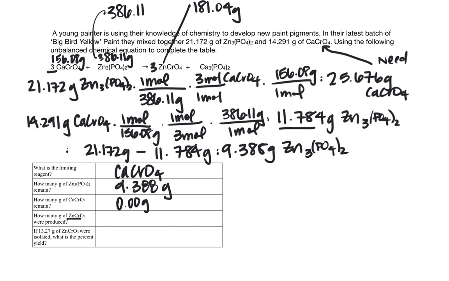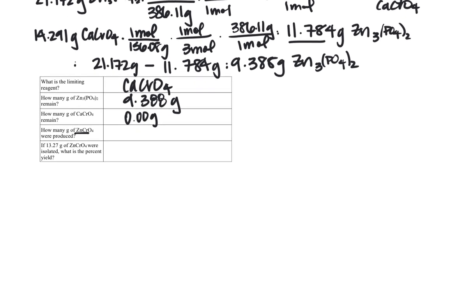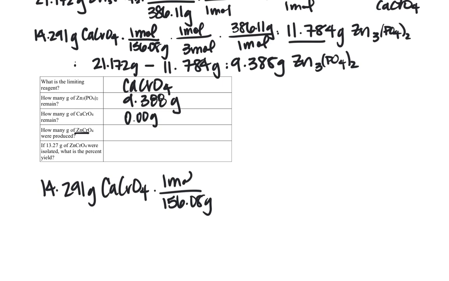So let's figure out the theoretical yield of zinc chromate. To do that, I'm going to take my limiting reactant, calcium chromate, and convert that into the zinc chromate. I'm going to move this up so we have a little bit more space underneath. So I'm going to take my 14.291 grams of calcium chromate and divide that by 156.08 grams in 1 mole of calcium chromate.